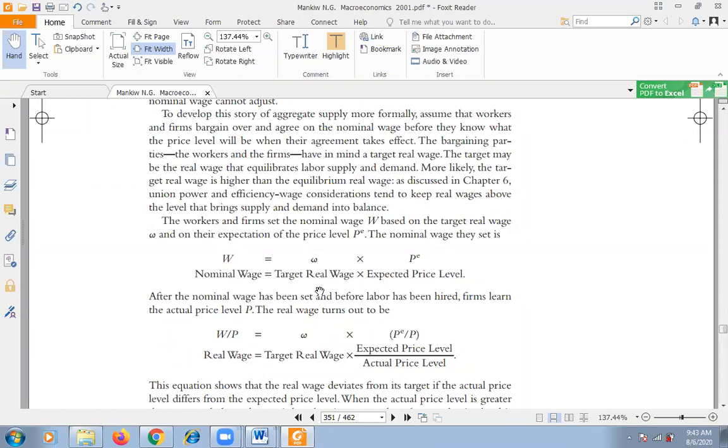Target real wage is your working hours multiplied by price per hour.